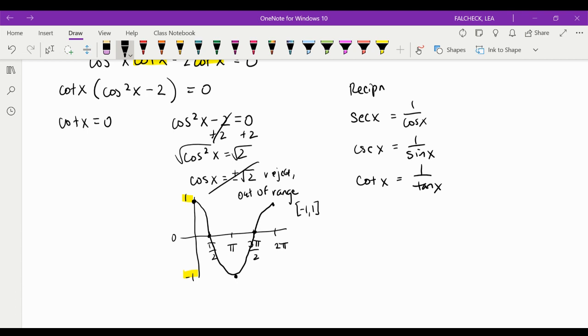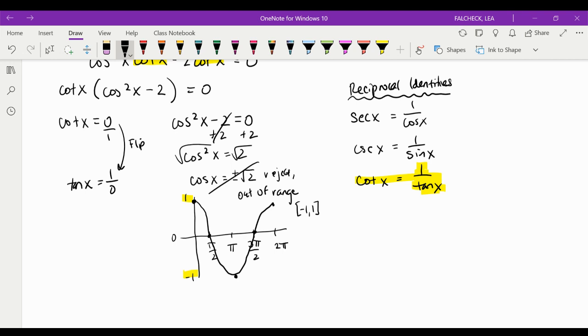These are our reciprocal identities. So for cotangent, we want to envision 1 over the tangent of x. So we can rewrite this equation, envisioning this as over 1. We can rewrite this, because it's a reciprocal, as 1 over 0 for the tangent of x. That would be its reciprocal.